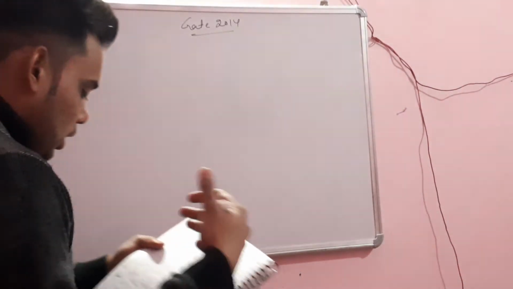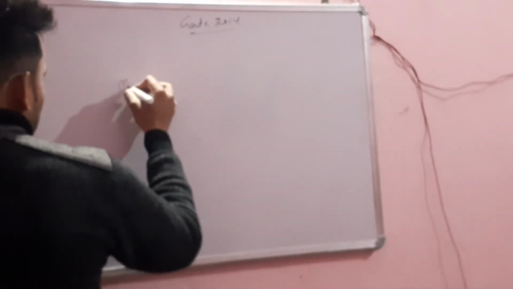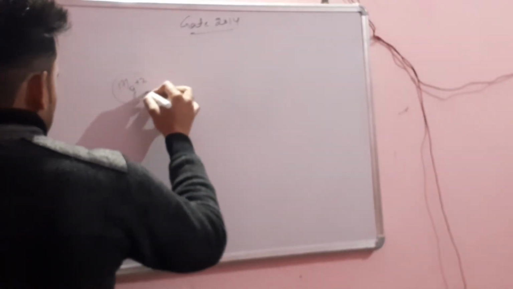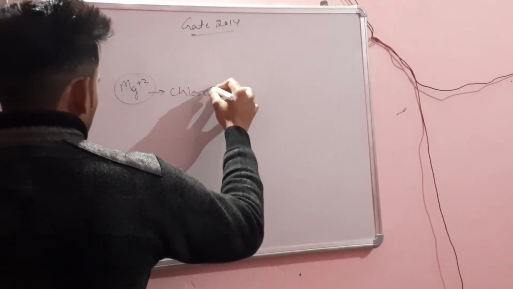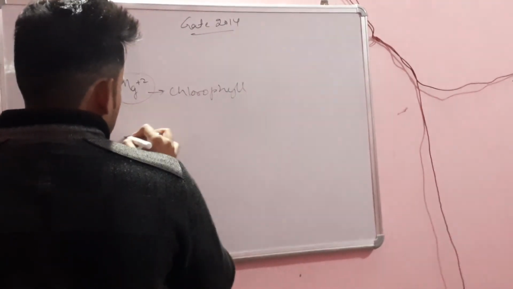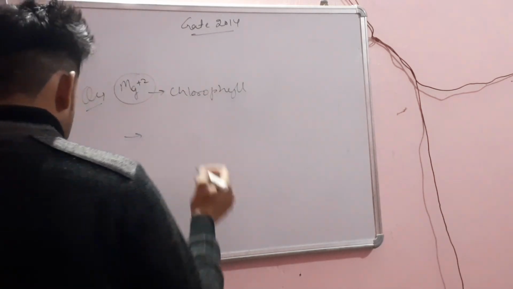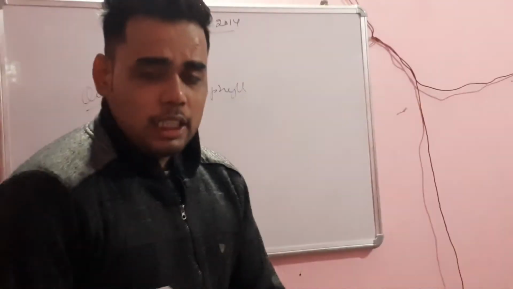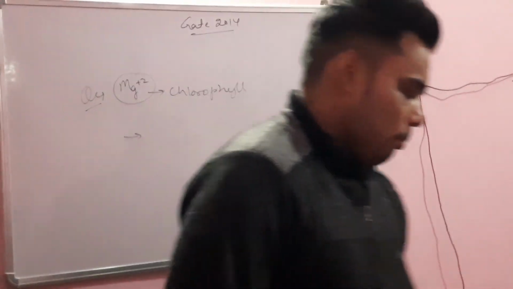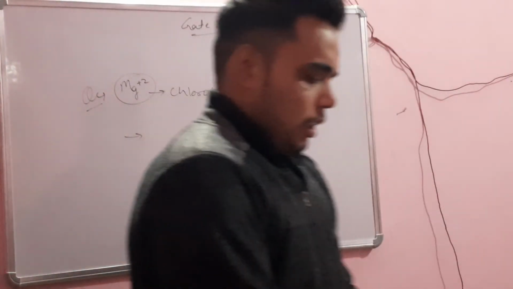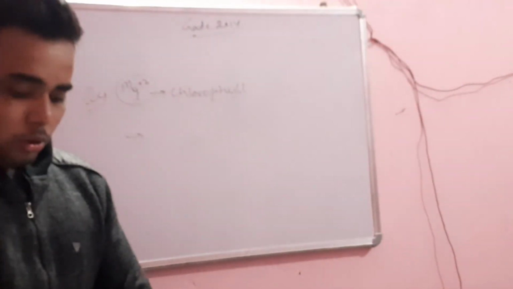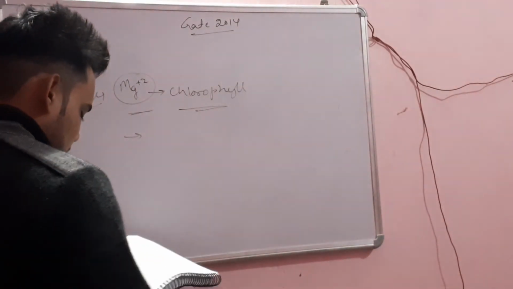They are asking about the role of magnesium: why Mg2+ is present in the chlorophyll. You have been given several options for that, such as it is a high spin complex, it is a low spin complex, and so forth.